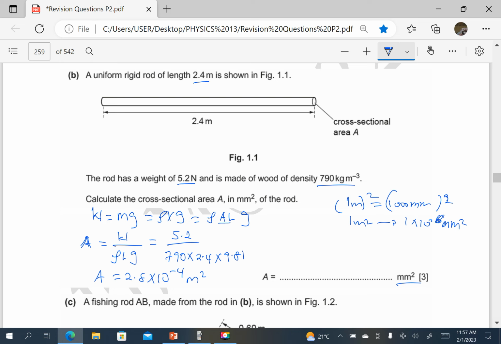So to convert from meters squared to millimeters squared, we have to multiply by 10 power 6. So the area is going to be 2.8 times 10 power negative 4 times 10 power 6. So the area is going to be 2.8 times 10 power 2 in millimeters squared.